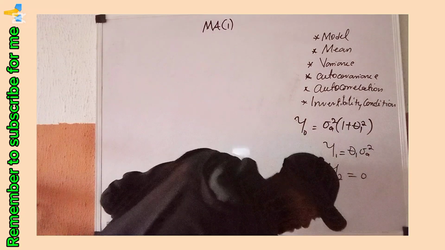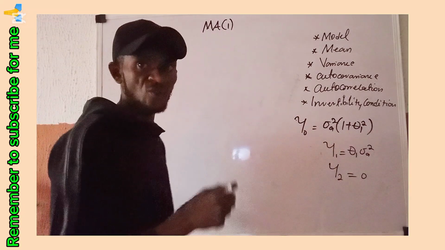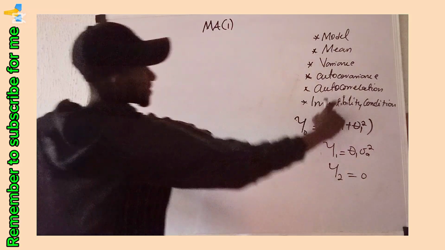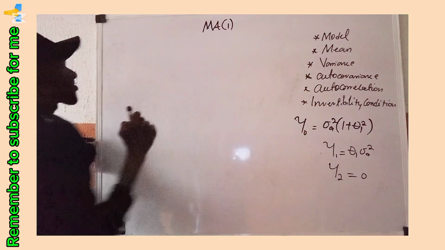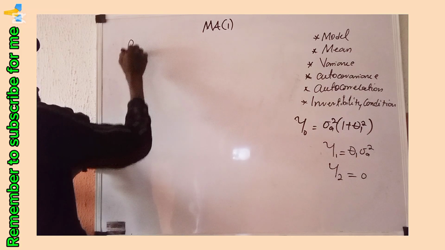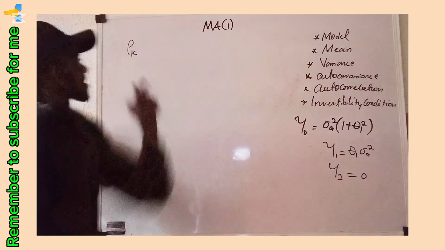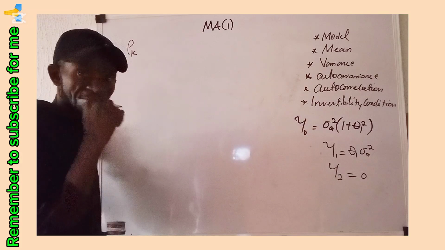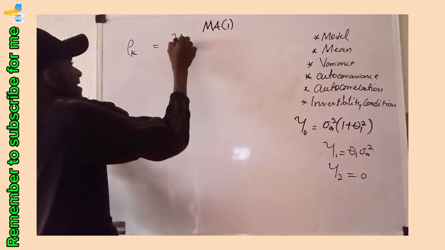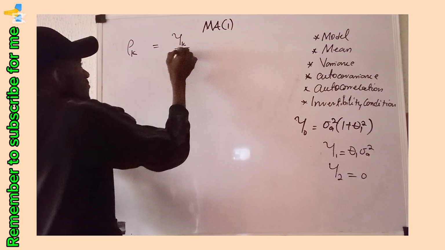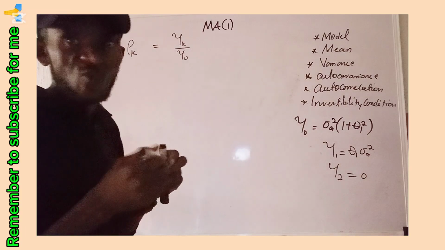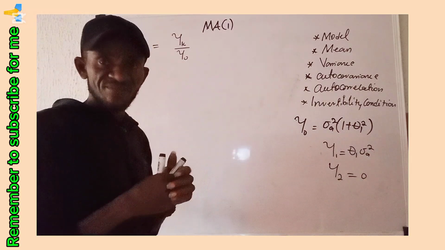So when we talk about autocorrelation, it is represented with a rho k, where k is the order of the lag. Autocorrelation at lag k is given as gamma k all over gamma 0.